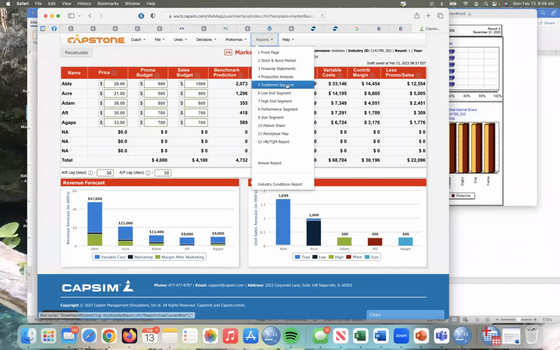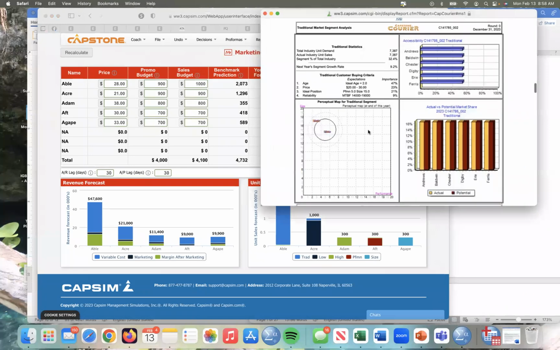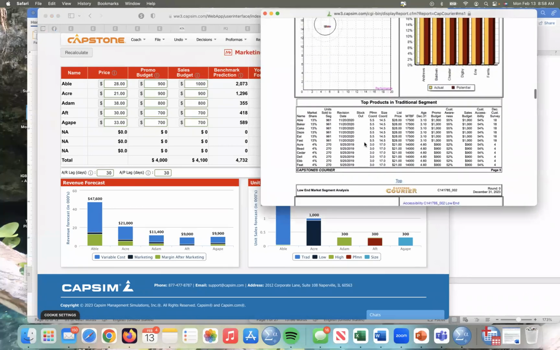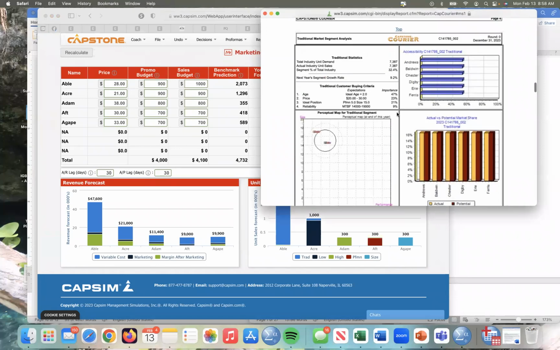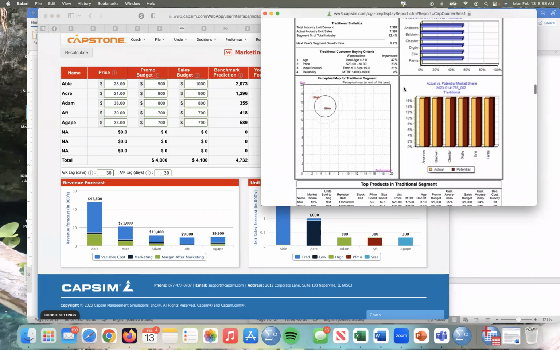Again, when you look at these reports, keep in mind, this is what happened last year. Two things. One, the segment will continue to grow, and you can see that the segment growth rate is shown on the courier. So you'll have to increase your demand by that much. And that's if you change nothing.